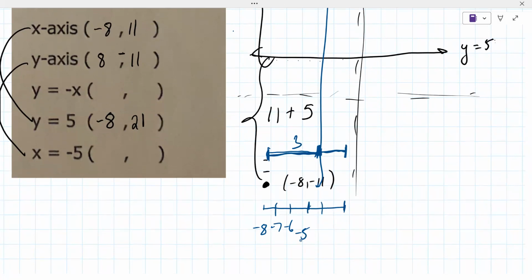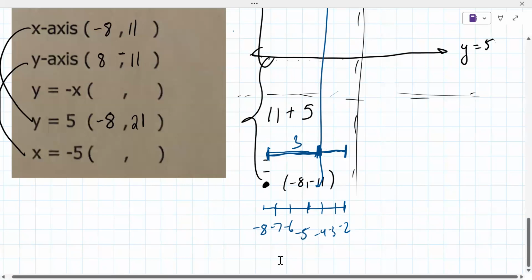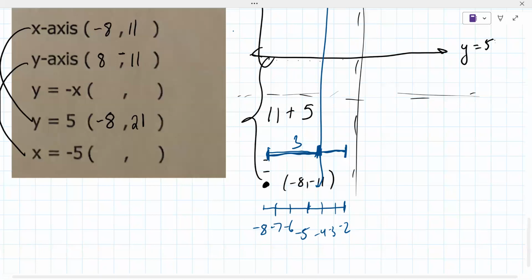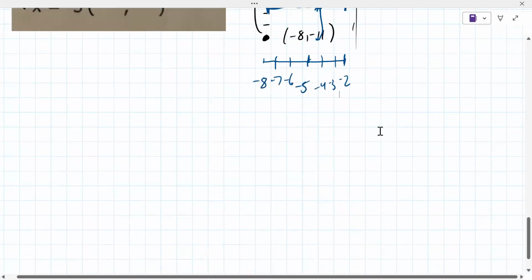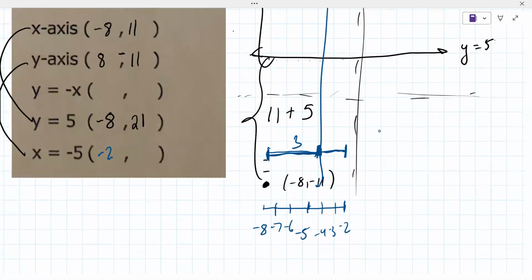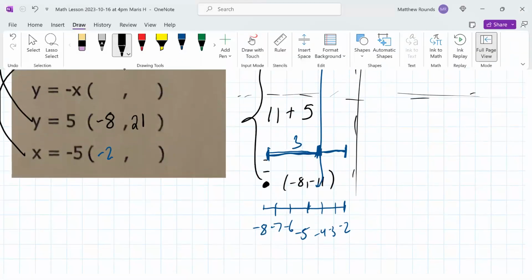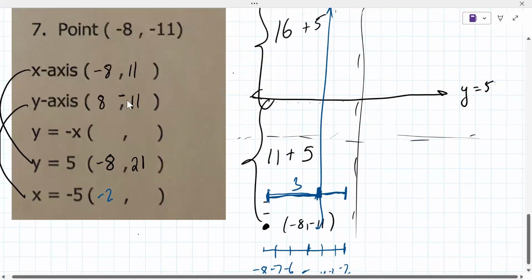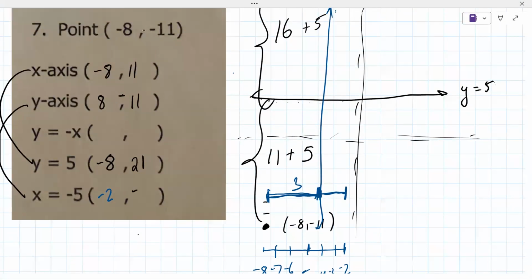And then you keep going to the right. -4, -3, -2. Okay, so you're at -8, -11, and you're just going right 3. That's -5. And you go 3 more. This is not to scale. I mean, that was the issue with having the graph, it doesn't really help. So that puts you at -2. And then what doesn't change is the y value. It stays the same.